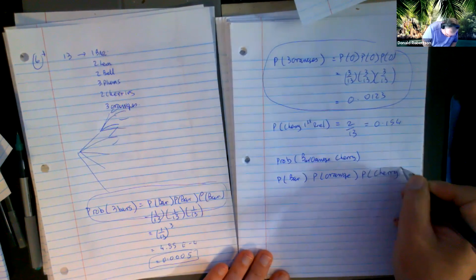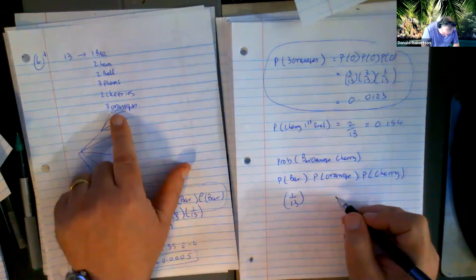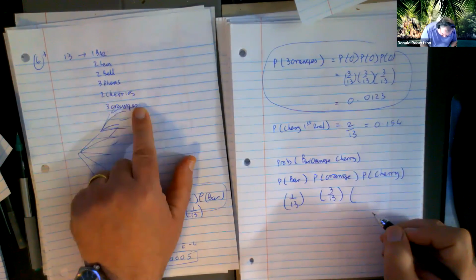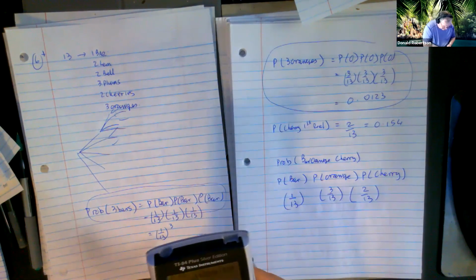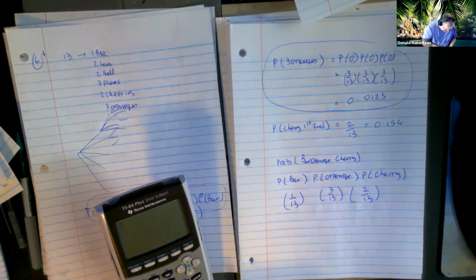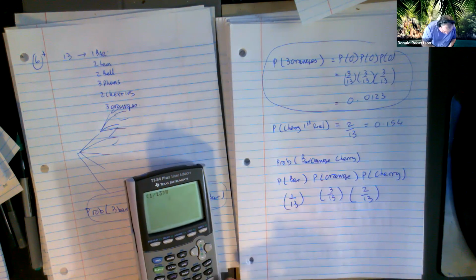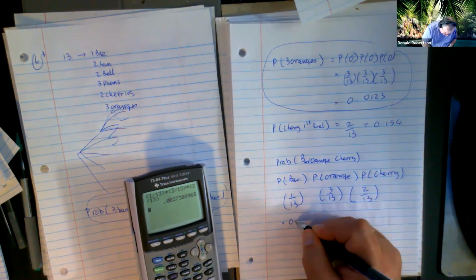That wouldn't win me any money at all. 1/13 for a bar, 3/13 for an orange, and 2/13 for a cherry. Then I just multiply that whole horrible mess together. And I'm pretty sure I'm going to get one of those really weird scientific notation guys. Oh, I take it back. 0.027.